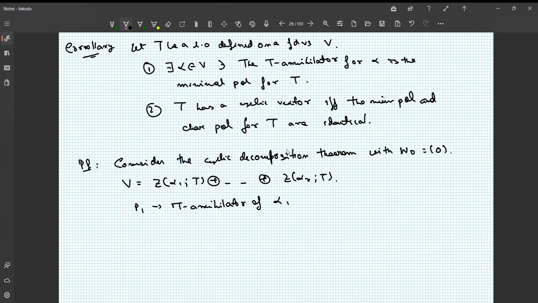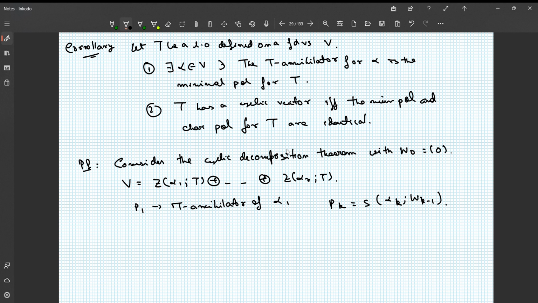But if you quickly recall what was another form of P1, recall that we had defined Pk to be the T conductor of alpha k into Wk minus 1, right? This was the definition of Pk.